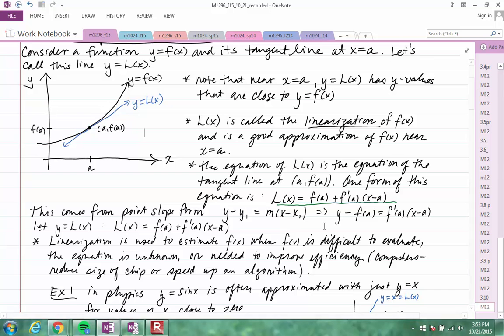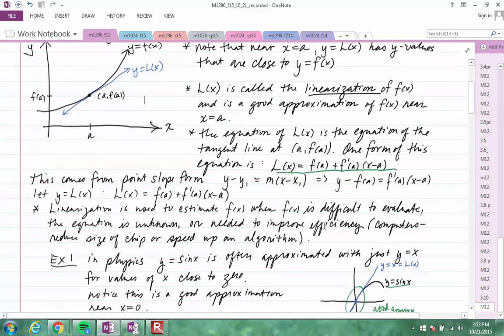It looks kind of foreign, but in reality, if you look at the point-slope form of a line, y minus y1 equals m times the quantity x minus x1, then we're plugging in f of a for y1, the slope is f prime of a, and our x1 is a. If you add f of a to both sides, that's exactly the equation given for linearization.